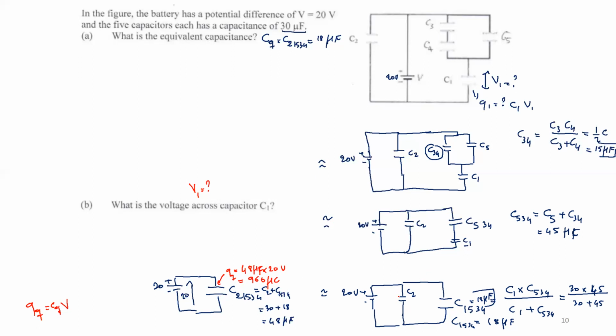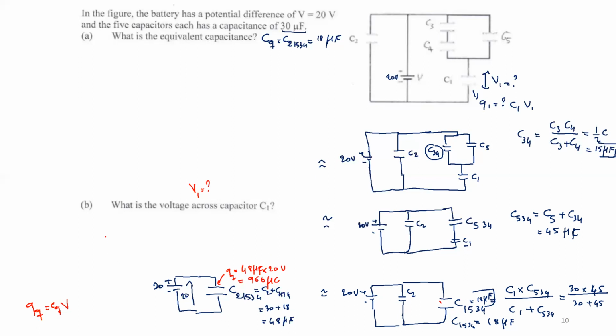Now here, how much do I have across C2 and across C1534? So I can know what I got here basically.